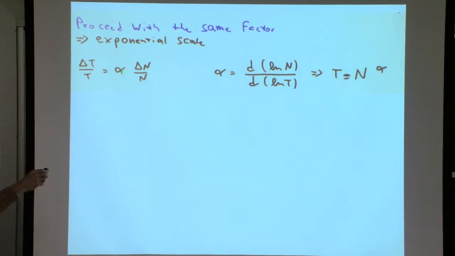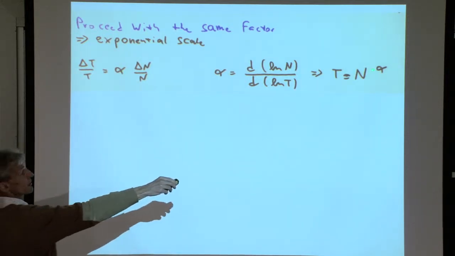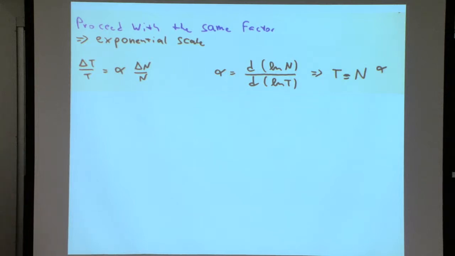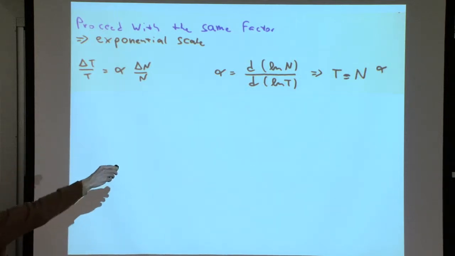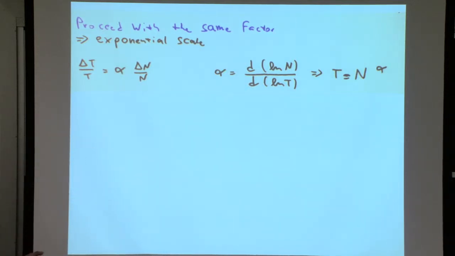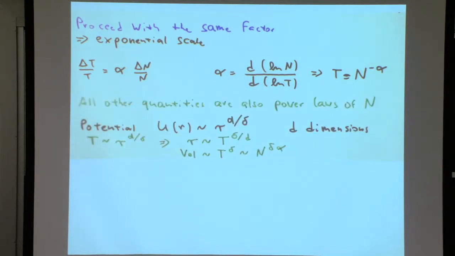And here we have a coefficient, which would give us the power law for how temperature and number are related. Mathematically, alpha, which characterizes how much cooling you get for which loss in the atom number, is the logarithmic derivative of number with temperature. All other quantities also scale as power laws of the number.